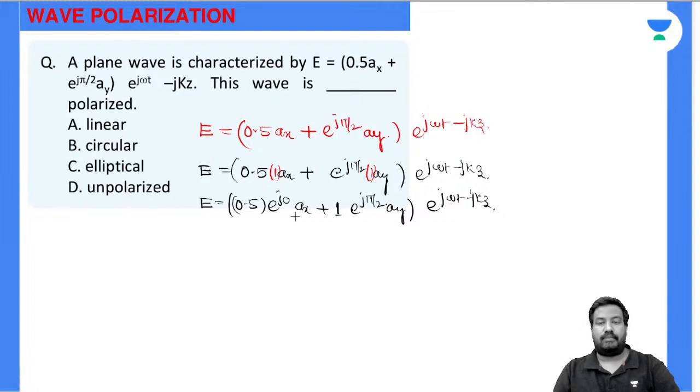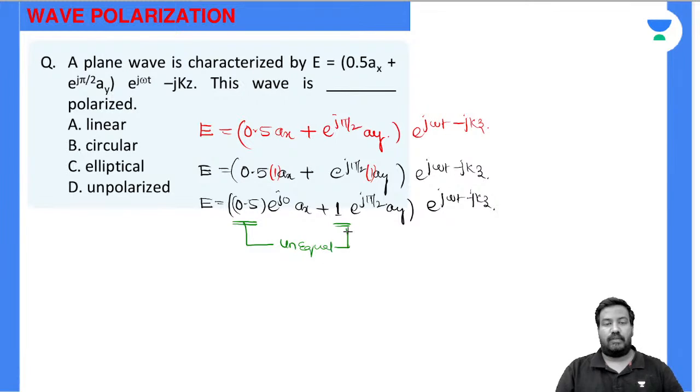Anyone? How is the amplitude? Unequal. Phase 90. Unequal amplitude, out of phase by 90.